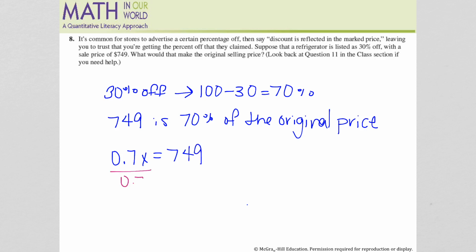Divide both sides by 0.7. And that means that the original price was $1,070. So if you go to the store a couple weeks later and they've got the discount off and it's less than $1,070, then you know they were joking or lying.